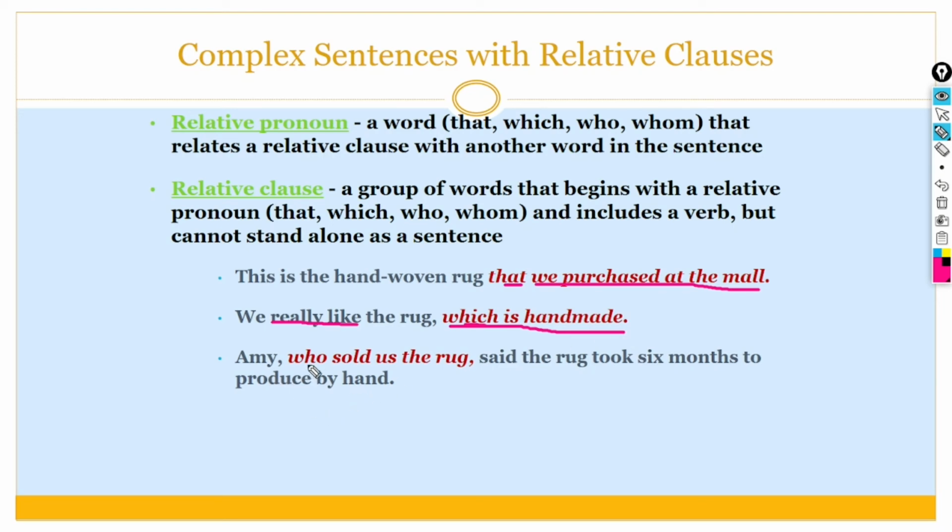Amy, who sold us the rug, said the rug took 6 months to produce by hand. Here, who sold us the rug is the relative clause. So we can construct a complex sentence by using a relative pronoun in a relative clause.